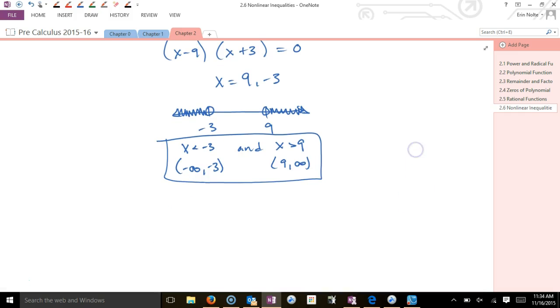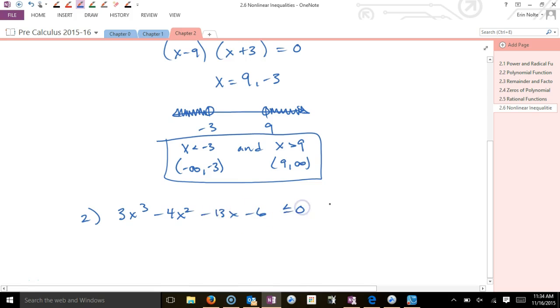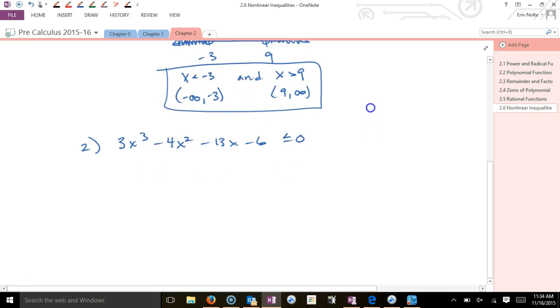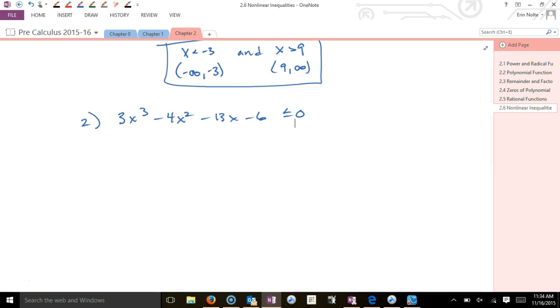Okay, so that's one way. Now, let's say we have one that's a little bit more involved. Let's go to number 2. 3x cubed minus 4x squared minus 13x minus 6 is less than or equal to 0. So this one is more awesome, because now we're dealing with a cubic.